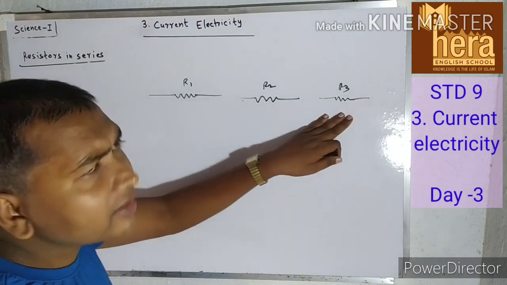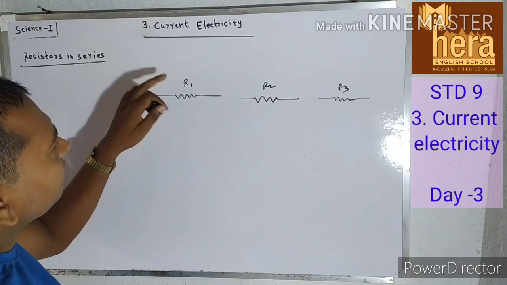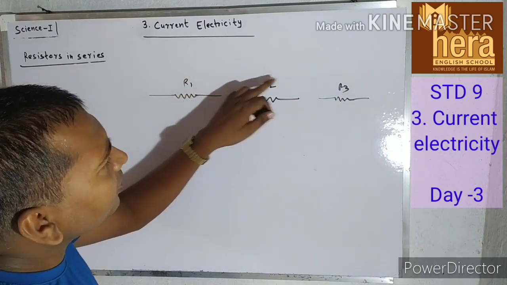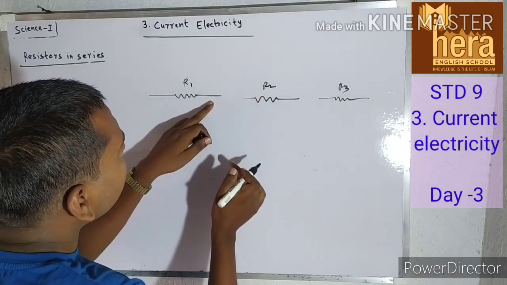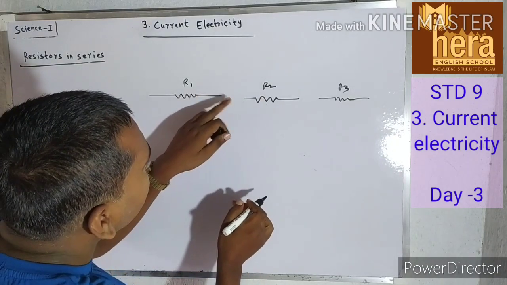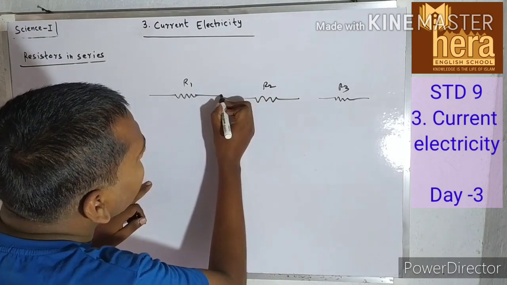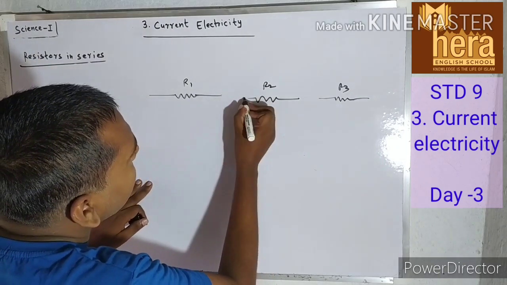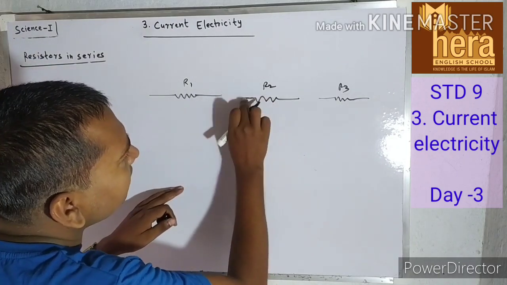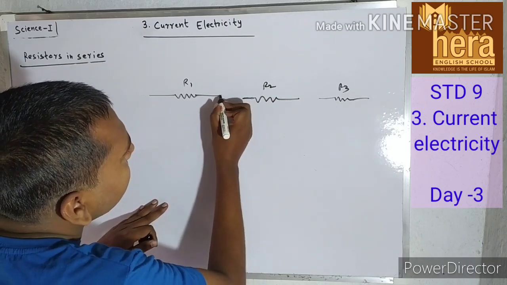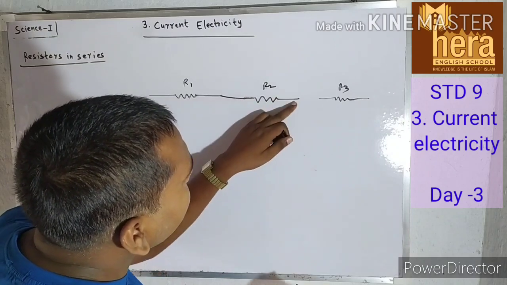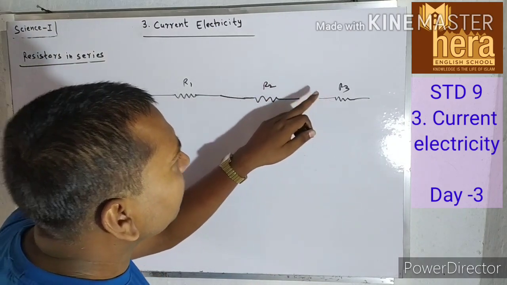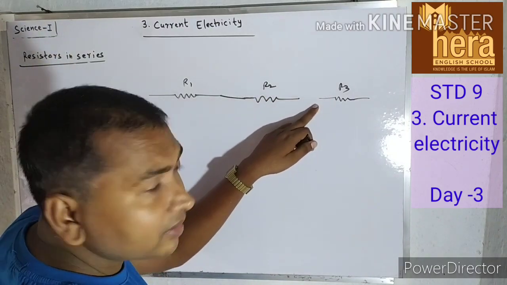I have taken 3 resistors, R1, R2 and R3. See, the second terminal of resistor R1 is connected to the first terminal of resistor R2, and the second terminal of resistor R2 is connected to the first terminal of resistor R3.